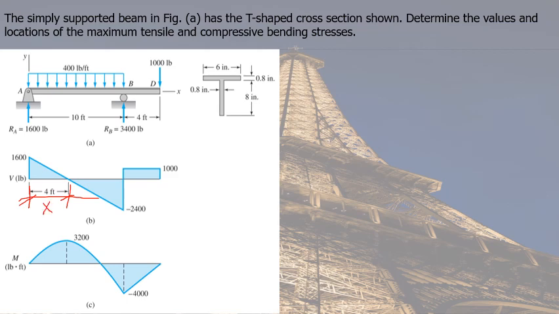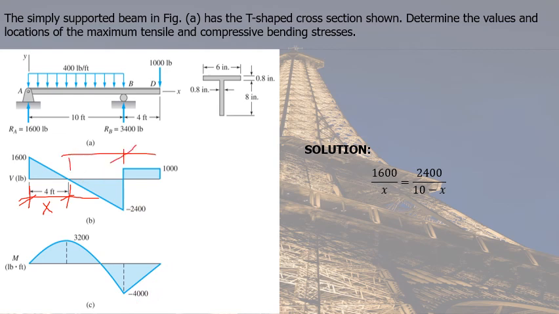How do we determine x? We determine x by similar triangles. What are the similar triangles? This triangle and this triangle. So by similar triangles, we have 1,600 is to x, equal to 2,400 is to this distance, which is 10 minus x.